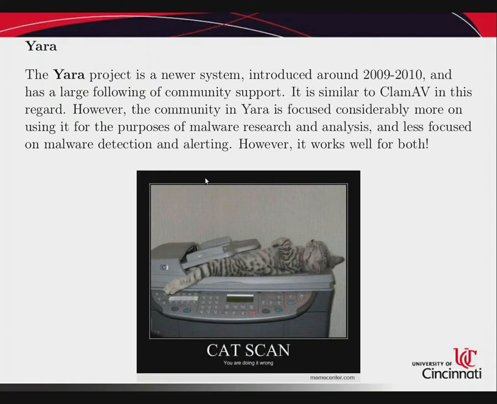Yara, or I should say the Yara Project as it's typically referred to, is actually a much newer system than ClamAV. It was introduced as a project by a guy named Victor around, I think it was either 2009 or 2010, I can't remember exactly when. Since then, it's built up a large following of community support.